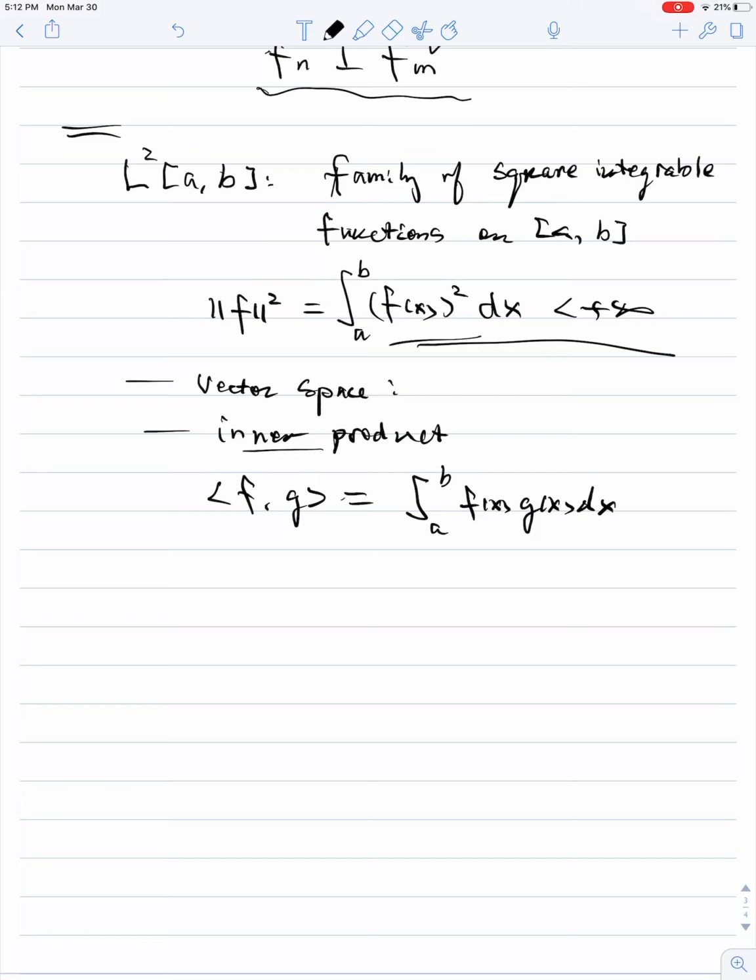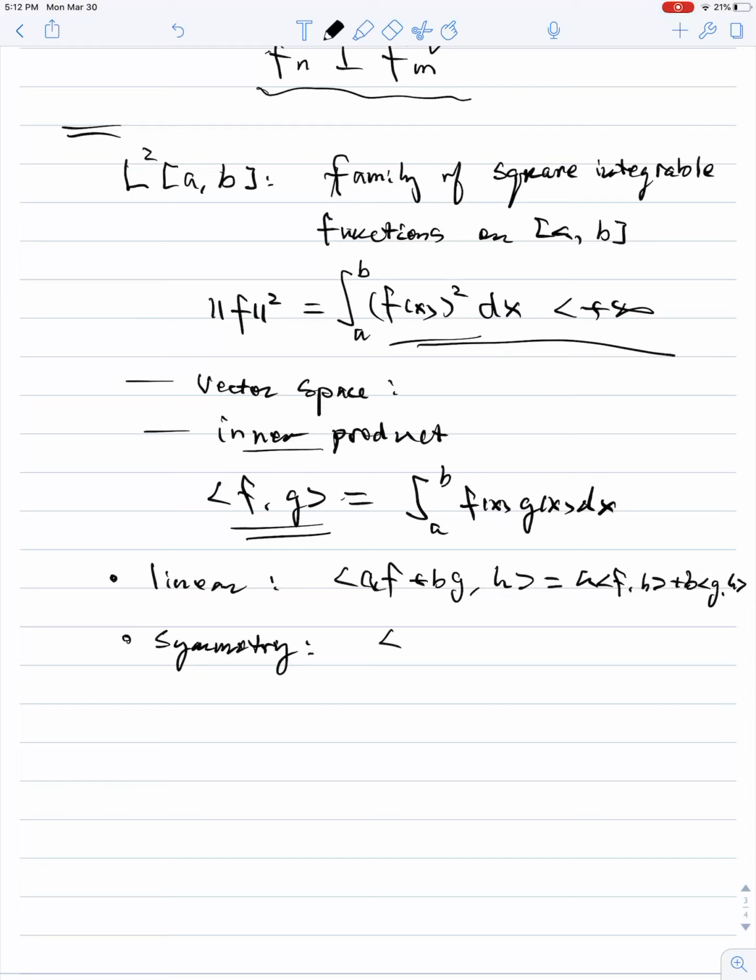An inner product is a product defined on a vector space that must be linear, which means that the inner product of af plus bg with h equals a times the inner product of f with h plus b times the inner product of g with h. And then it is symmetric.